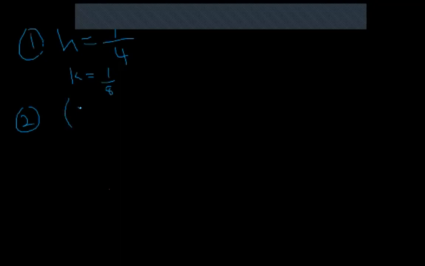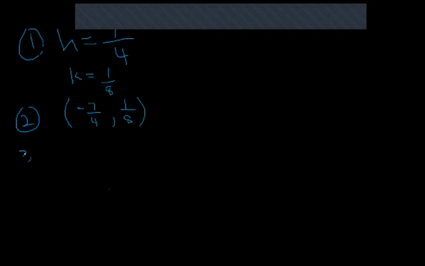So now I know my values of h and k. H was equal to minus 7 on 4, and k is equal to 1 and 1/8. I found my maximum point, which was minus 7 on 4, 1 and 1/8.